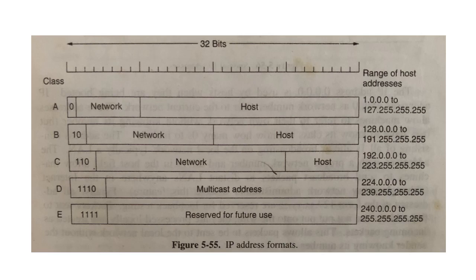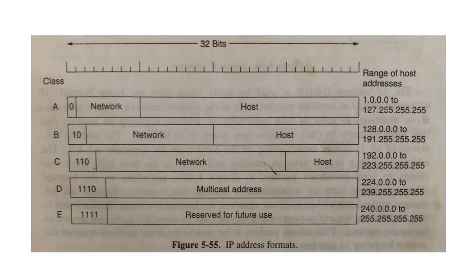If the first bit is 0, then it belongs to class A. If the address begins with 1, then we look at the second bit. If the second bit is 0, we call it a class B IP address.